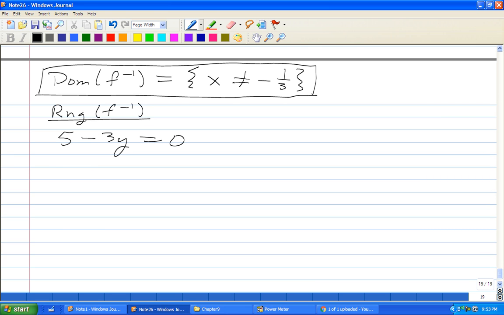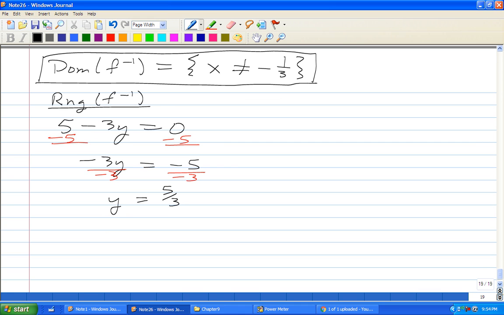Subtract 5 from both sides, so negative 3y equals negative 5. Divide both sides by negative 3, and so y is equal to 5/3. And so the range of my inverse function is the set of all y's not equal to 5/3.